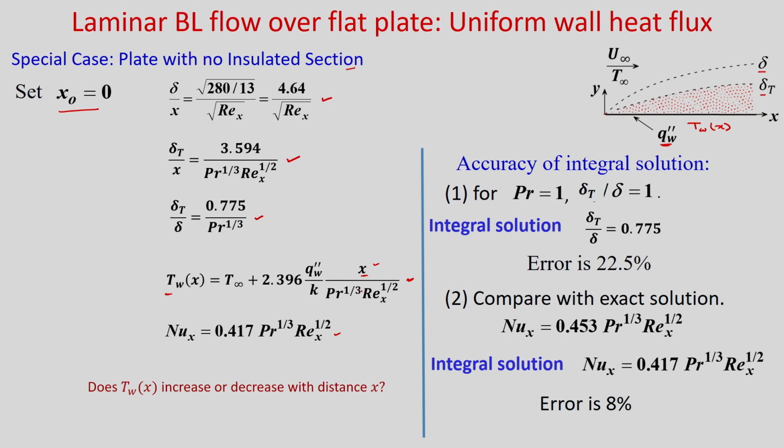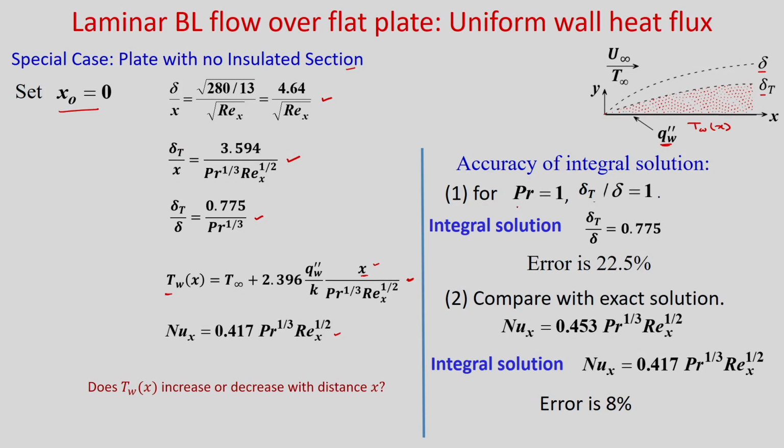Okay. Now, let us see what is the accuracy compared to the exact solution, because in this particular case we have used an approximate method, where we have approximated the velocity profile as well as the temperature profile as a third degree polynomial. So, we have found the thermal boundary layer thickness as well as the Nusselt number. Now, let us compare these with the exact solution.